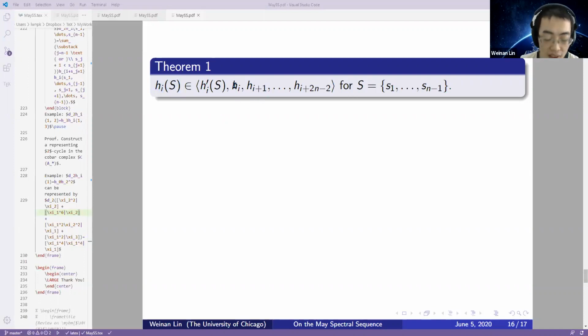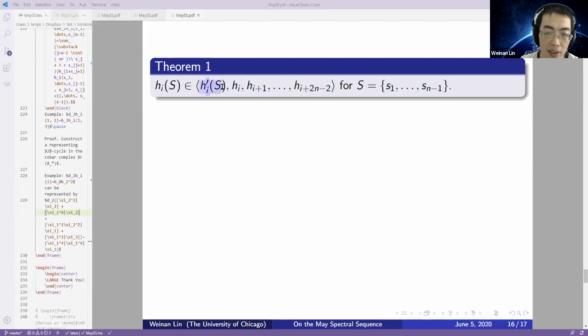So May has a theorem saying that all of the X group can be generated by the matrix massey product by elements in the first line in X1. I mean the first horizontal line of the X group. So basically you can construct all H_{i,S} by all those H_{i,S} elements.